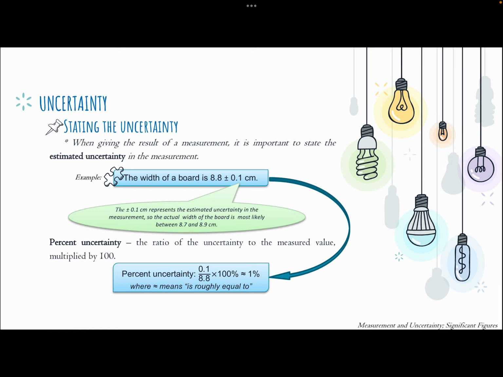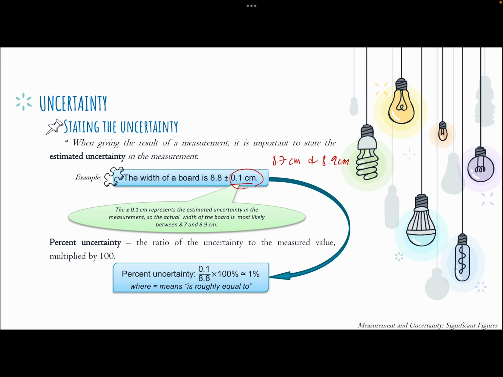So the plus or minus 0.1 centimeters here represents the estimated uncertainty in the measurement. Meaning to say, the actual width of the board is most likely between 8.7 centimeters and 8.9 centimeters. So, yun yung ibig sabihin ng plus minus 0.1 cm dito.